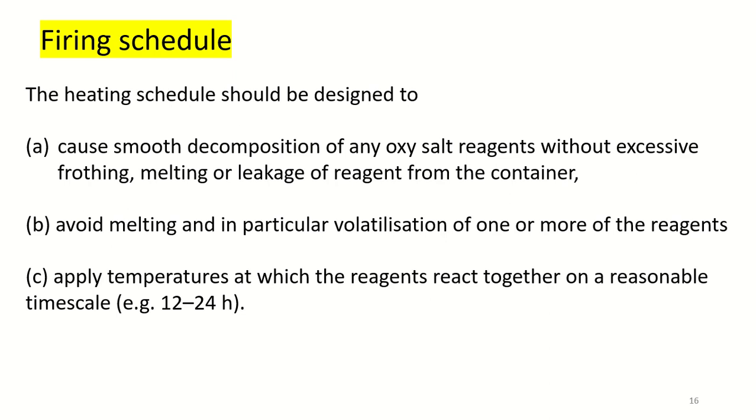For known materials, there may be recipes in the literature detailing the appropriate reaction conditions, but for the attempted synthesis of new materials, a trial and error approach is usually needed.